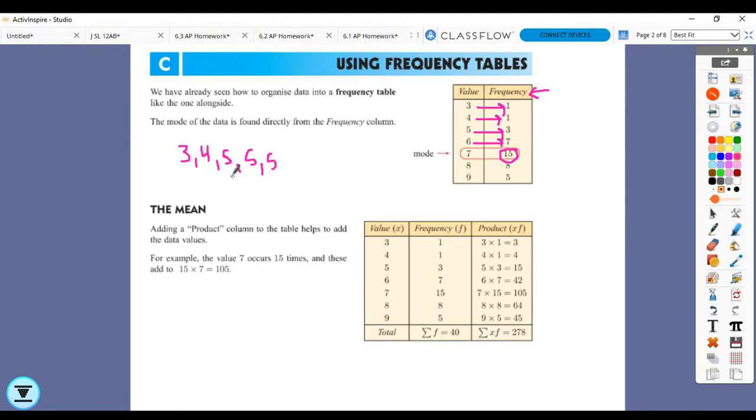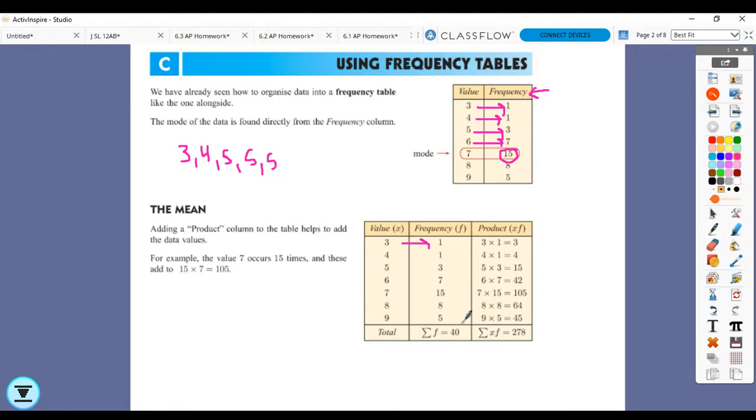You don't need to write all these out. You just need to make a product column, so you're just going to multiply. There's only one 3, there's one 4, there's 5 threes, so there's a total of 15 with the fives. So you're just multiplying the values times the frequency.